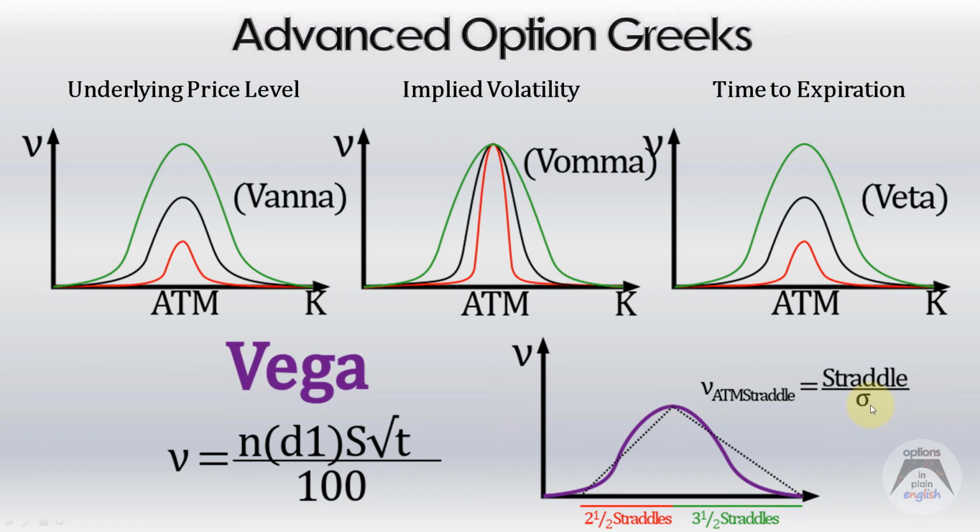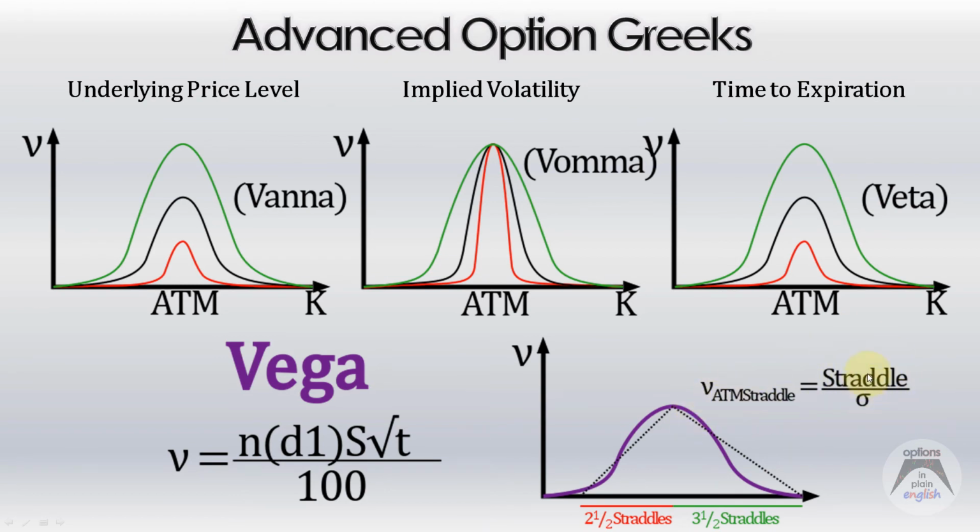So for example, if the value of a straddle is 16 and your implied volatility is 16%, then your Vega is going to be 1 for the whole straddle. Remember, half of it is going to be for the call, and half of it for the put. Okay, so it's very simple.